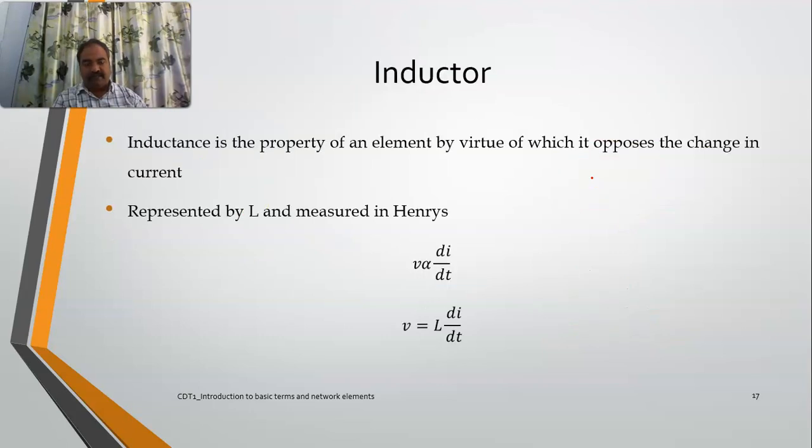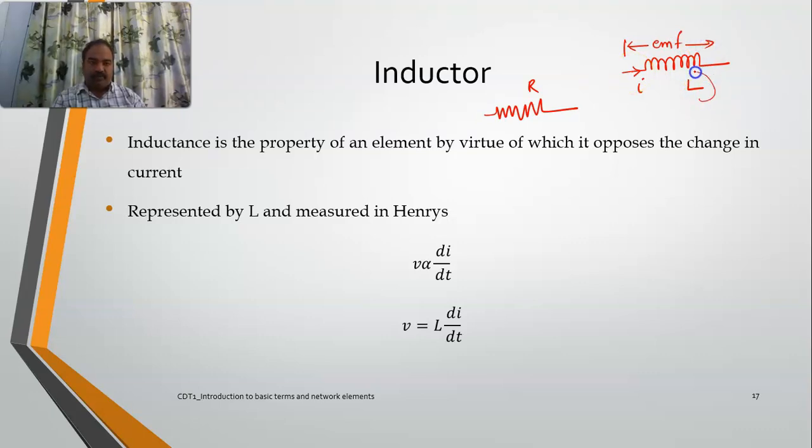Now, moving ahead, inductor. It is often represented in this fashion. So this is resistor, right? This is inductor. It is just like a coil. Whenever a current is passing through it, it develops an EMF across it.